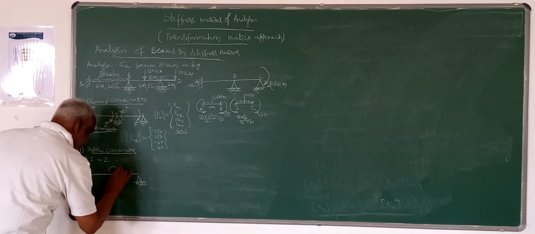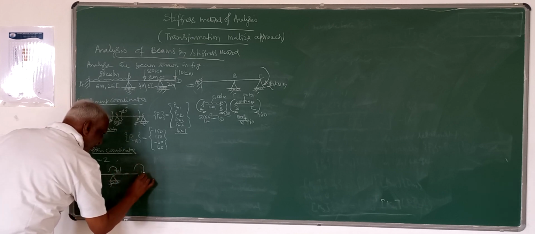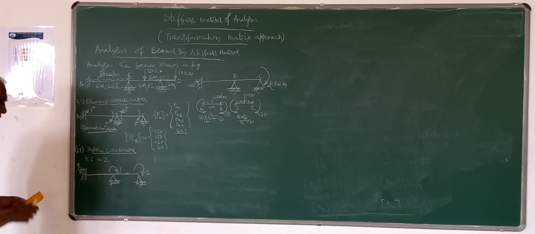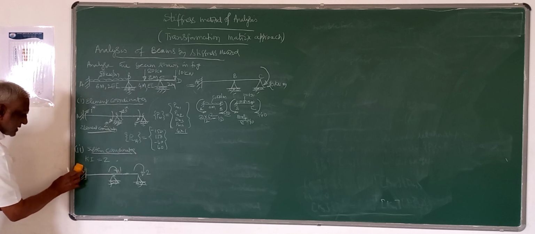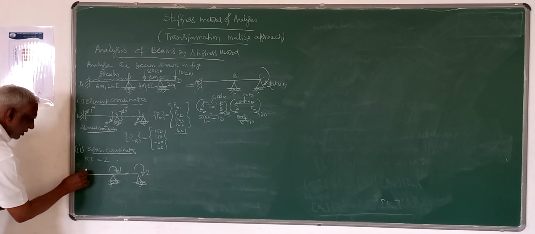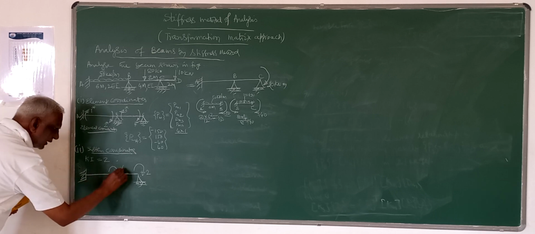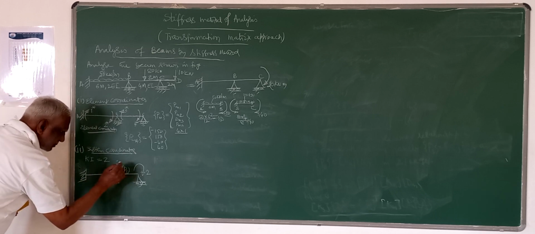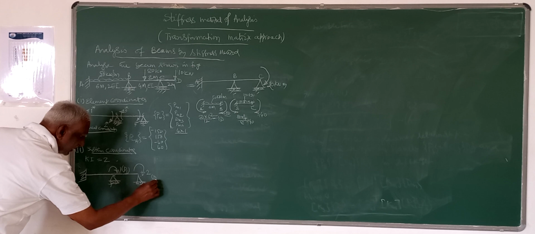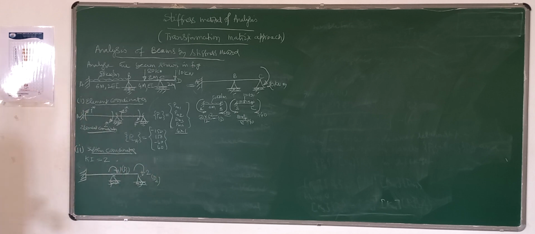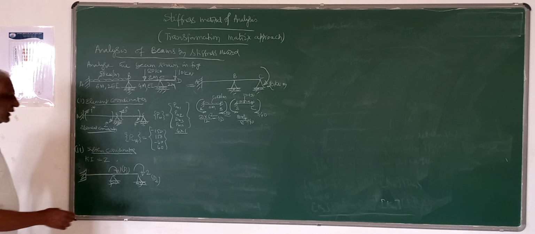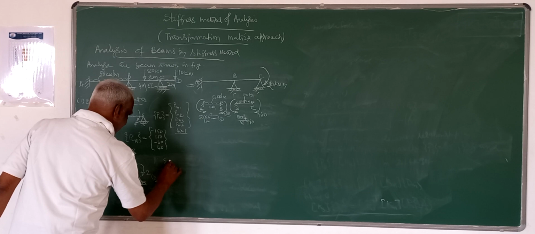So you indicate it by coordinates, like this. The possible displacements are along 1 and 2. Here it is displacement along 1, D1. Here displacement along 2, D2. That is the system coordinates corresponding to the kinematic indeterminacy. That's the second step.